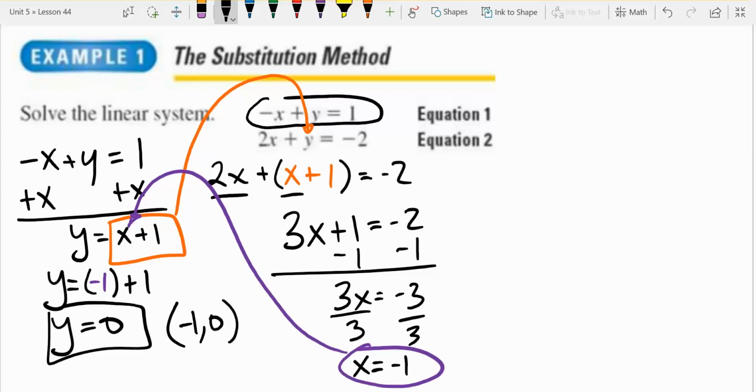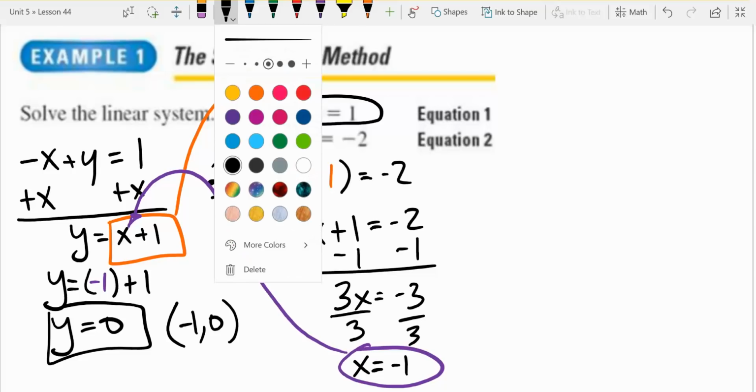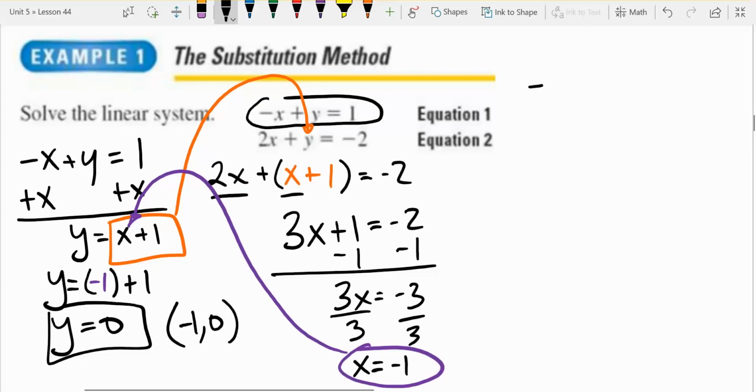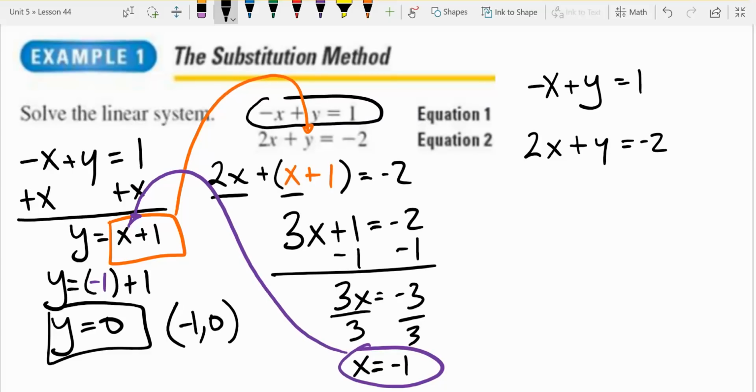If we graph these equations, our equations were negative x plus y equals 1, and 2x plus y equals negative 2.